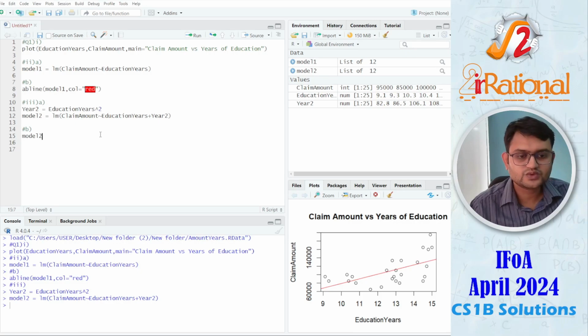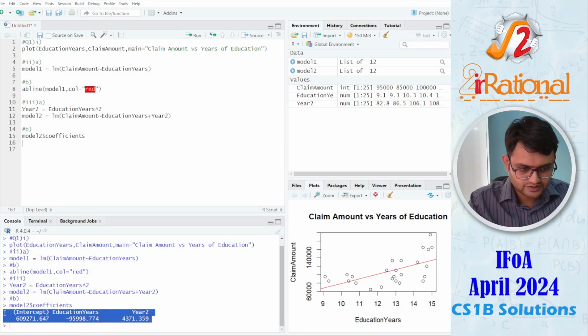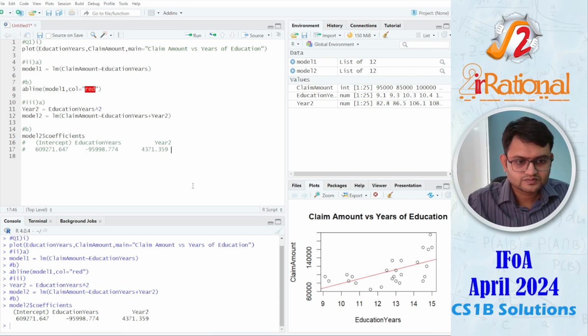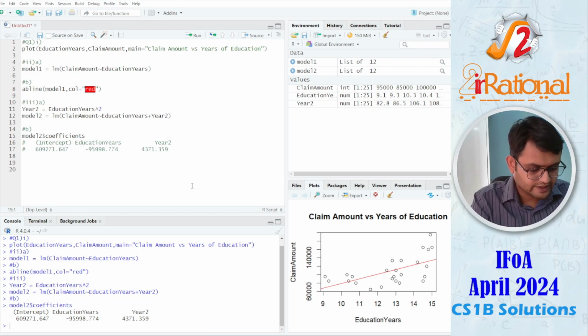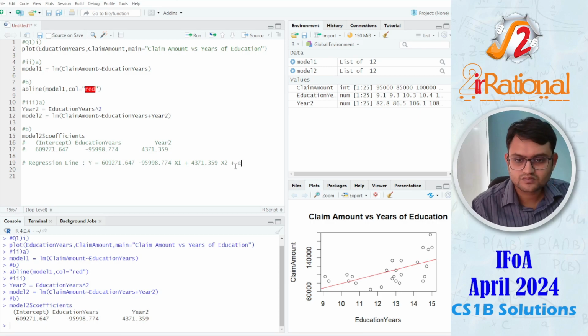So model 2 dollar coefficients, these are the coefficients. Accordingly, I'll make the model. And then we'll label it properly.